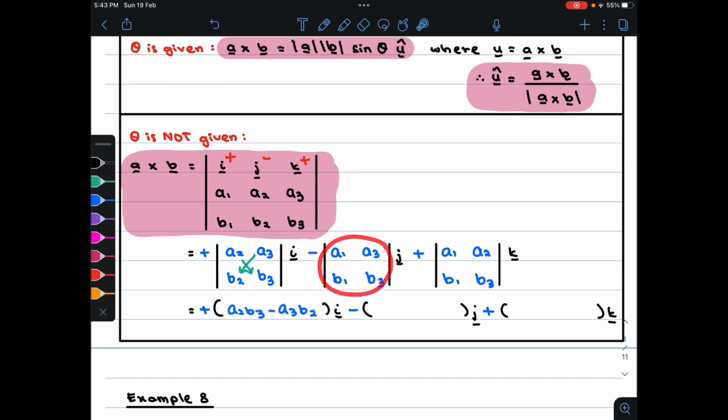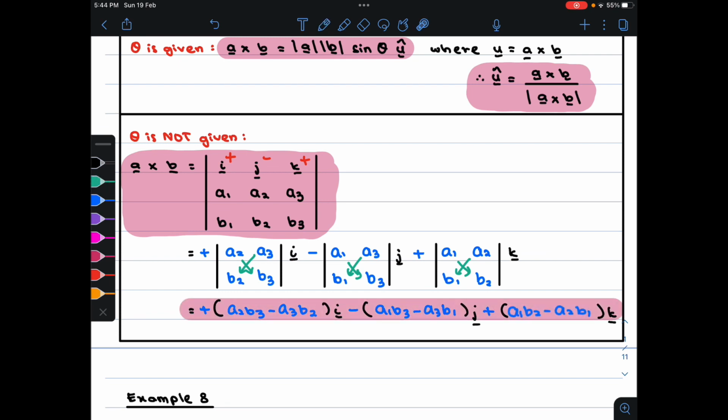Next, for the second determinant, it is a1b3 minus a3b1. And lastly, for k, it is a1b2 minus a2b1. And lastly, you're gonna simplify everything so that the final answer is left in this form: something I plus something j plus something k.